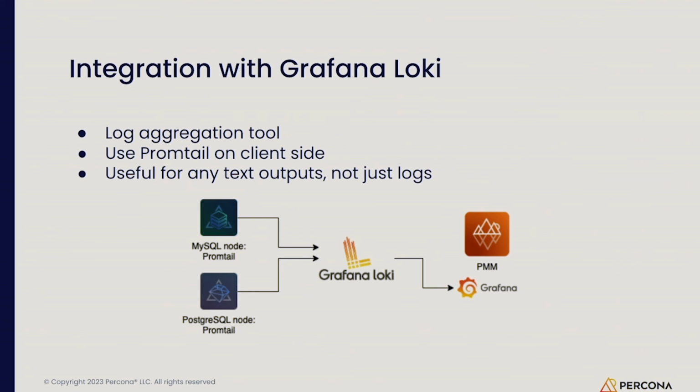On the most simple case it could be the logs, just the MySQL error log or the Postgres or the Mongo error log. But then we can also have cool things like show process list or show engine InnoDB status. We can have those also uploaded to PMM, which is something we don't have now. Even if we have query analytics, it's not the same as the show process list or the show engine InnoDB status.